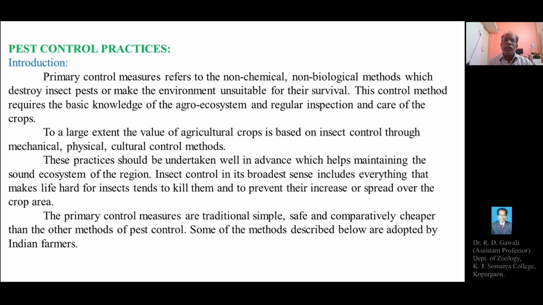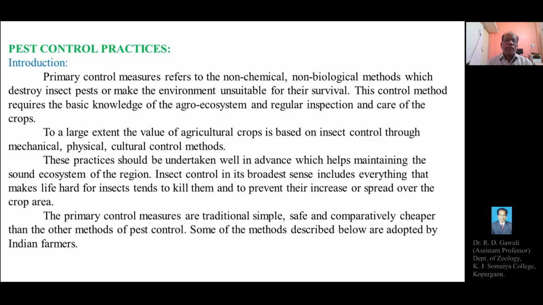So these are the different types of non-chemical or non-biological methods of pest control, namely cultural control measures, physical control measures, and mechanical control measures. But these are very useful in controlling the pest population in the crops.